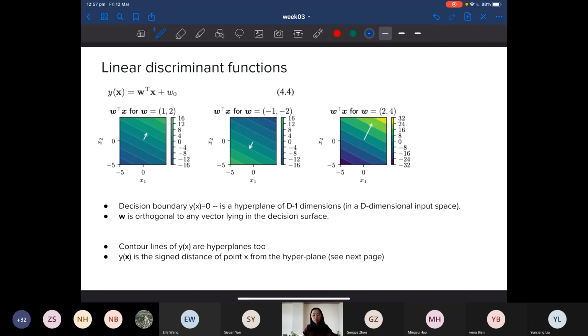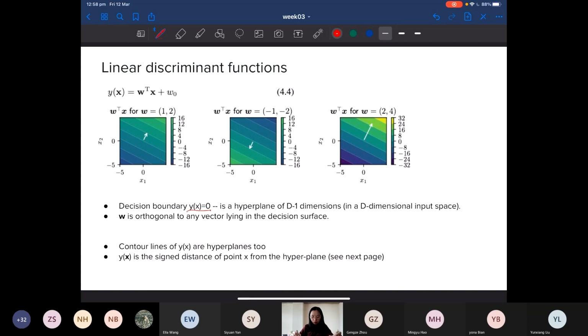If w is the same thing but sign flipped, the contours are the same, but the high and low directions are flipped. The decision boundary between the two classes is y of x equal to 0. We don't have to choose y of x equals 0, but that's a natural choice. It's certainly not the only choice.